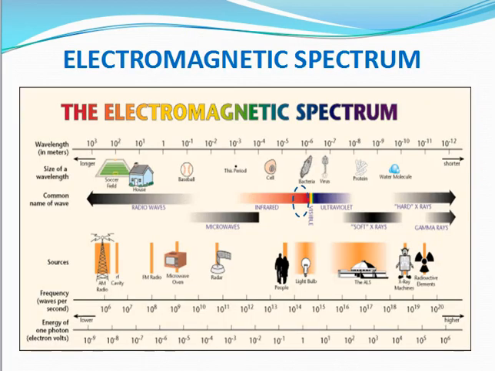Here we can see the electromagnetic spectrum that we have in this world. Optical fiber is actually in between the infrared and ultraviolet. It falls in the infrared region, and also some in the visible light region.